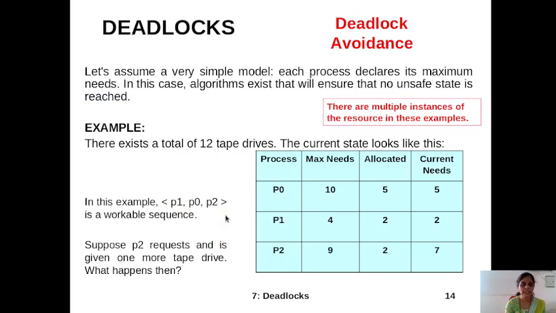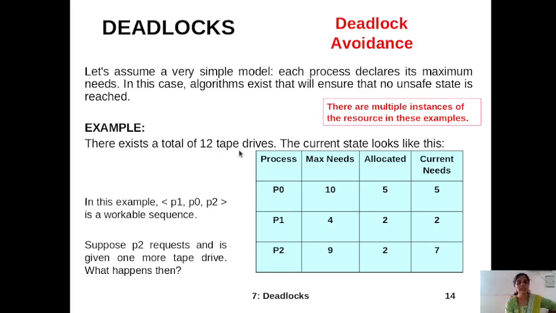Let us consider one example and see if we can find a safe sequence to execute these three processes. This is a snapshot of a system, and there are three processes shown here: P0, P1, P2. P0 requires 10 tape drives. There are a total of 12 tape drives present, multiple instances of the same resource type.